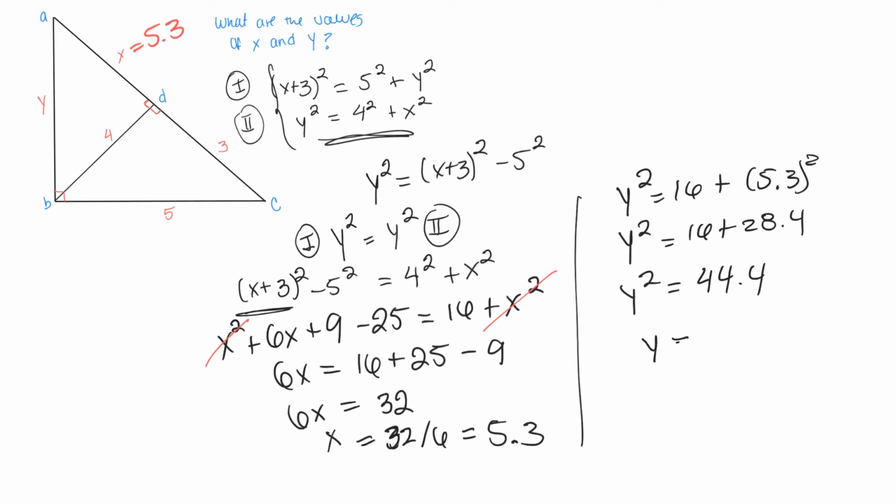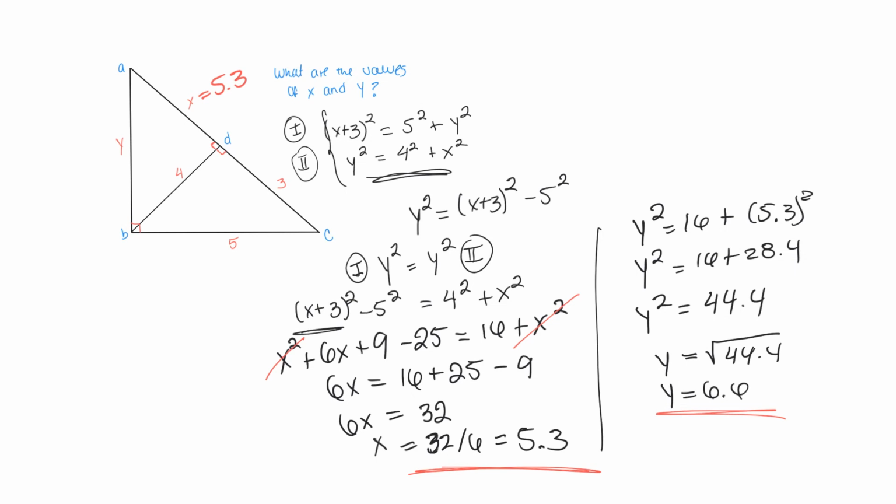And then we just take the square root on both sides. And y ends up being equal to 6.6. So now here we have the value of y and the value of x.